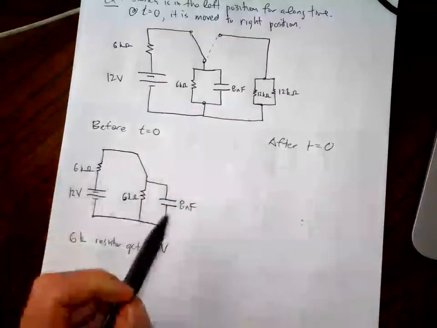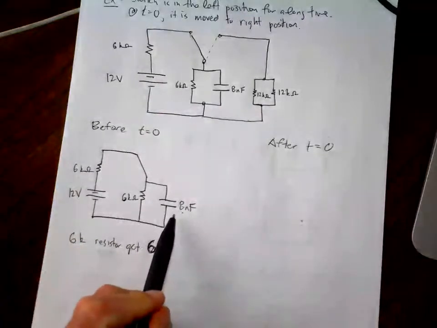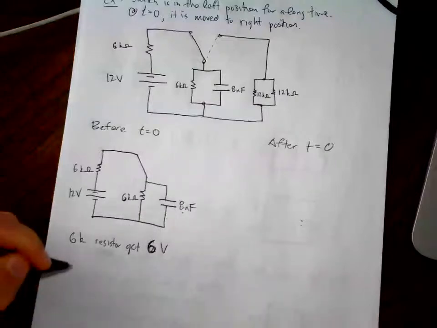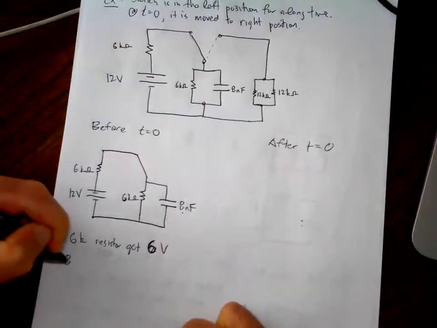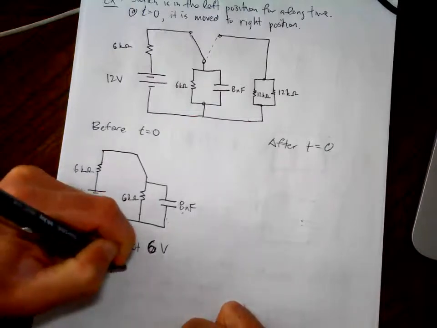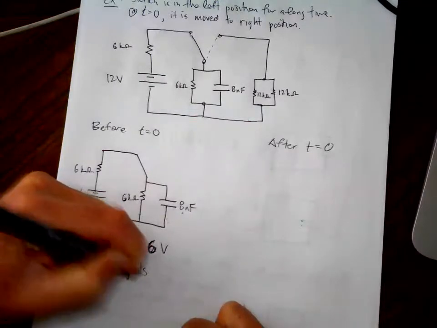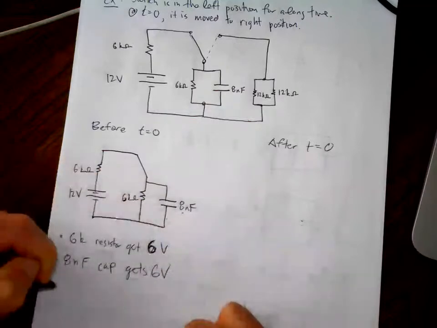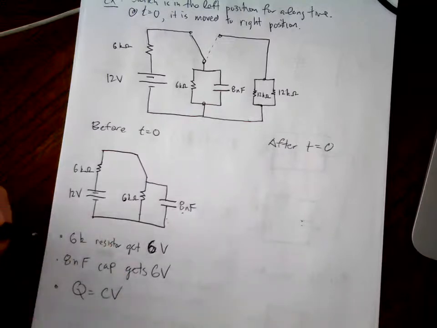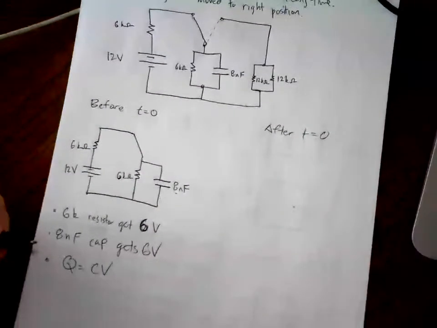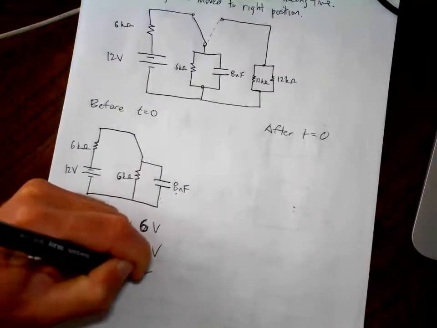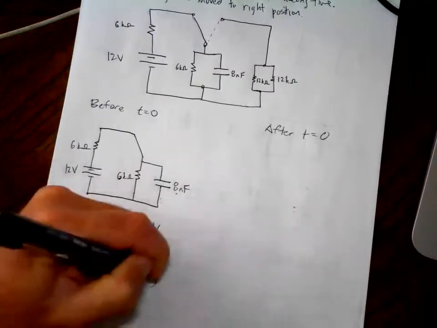Okay. Now the capacitor is in parallel with that resistor. So that means that the 8 nanofarad capacitor gets 6 volts. So that means, according to Q equals CV, the C value is 8 nanofarads and the voltage is 6.